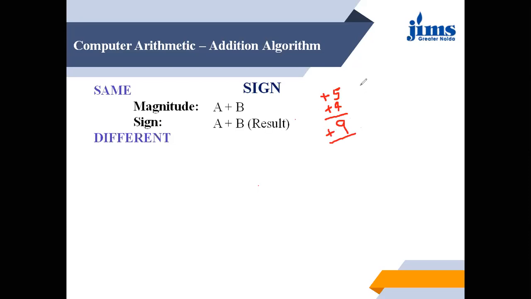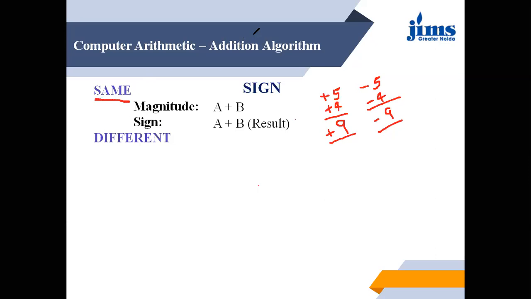And when I add two negative numbers, suppose I want to add minus 5 with minus 4. In this case also, this is A plus B, 5 plus 4 is 9, and the sign is the same as the sign of A, the sign of B, or the sign of A plus B. So this is the case when both the numbers have the same sign.